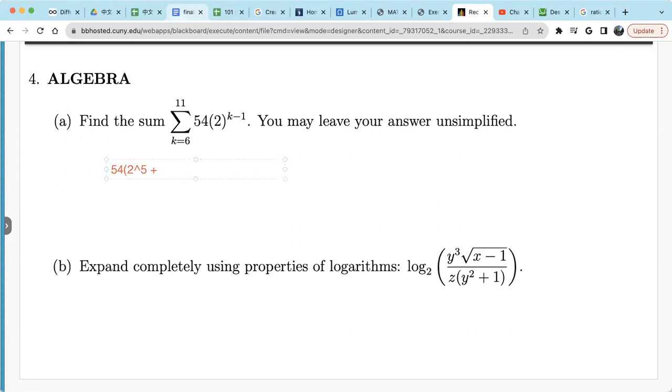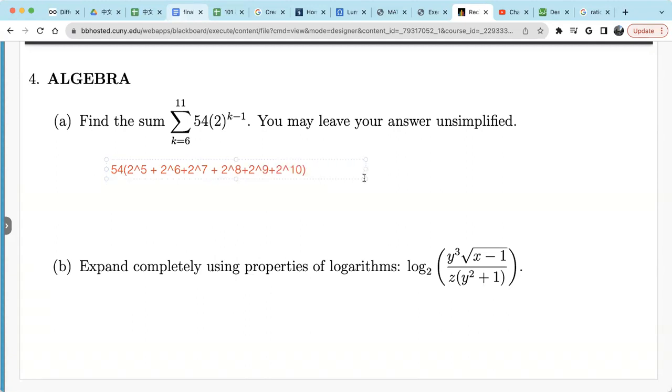Then the second term, actually it's 2 raised by 6, because each time we just increase by 1. Now we have 7 minus 1, which is 6, until 11. Then we have 2 raised by 7 plus 2 raised by 8 plus 2 raised by 9 plus 2 raised by 10. Now we're finished because our upper limit is 11, and 11 minus 1 is 10.